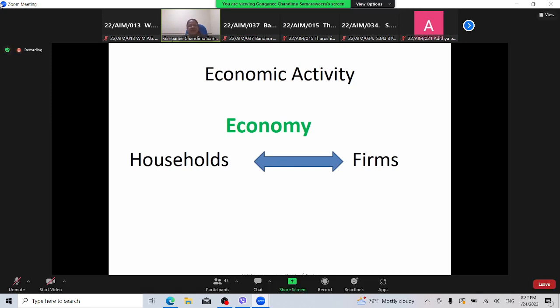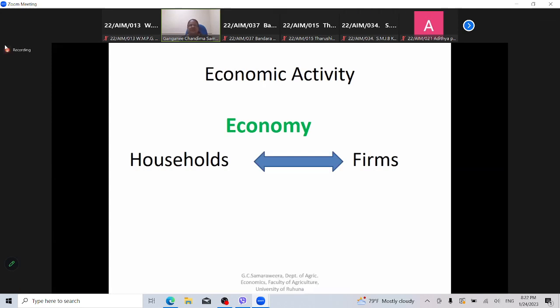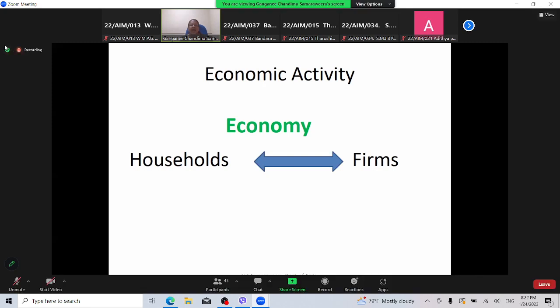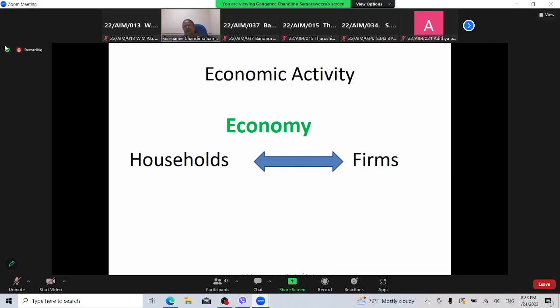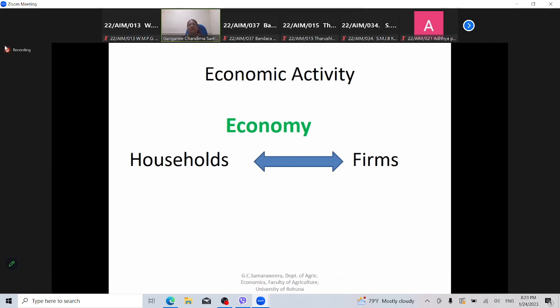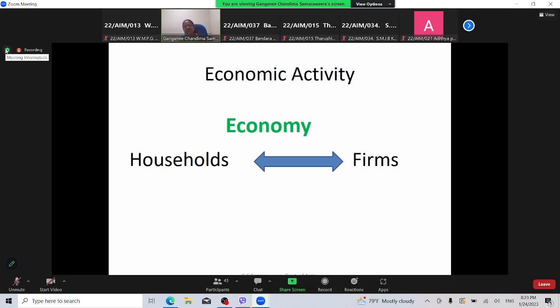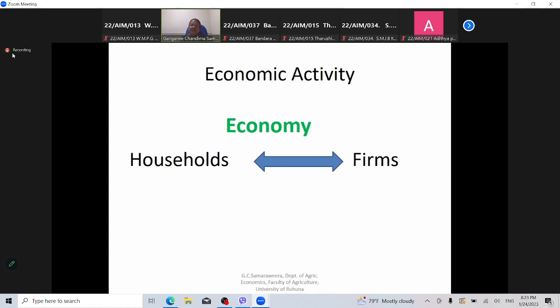Our mother, our father, and if you are a student, all these people are acting as economic agents. If you are studying as a student, you need many things as households from the firms. Maybe from a shop, you need books, you need pencils, you need bags.